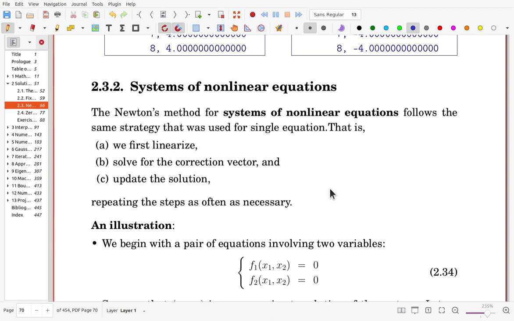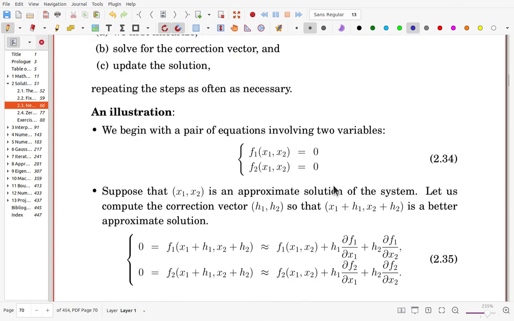We are using linearization and trying to find the correction term. Now the correction term becomes a correction vector, and we update repeatedly. Here we illustrate the idea.